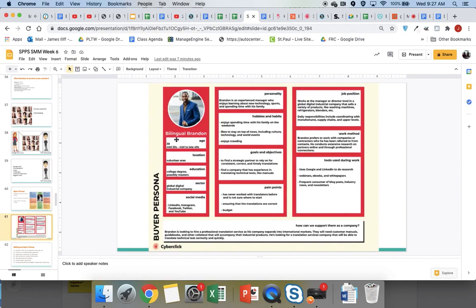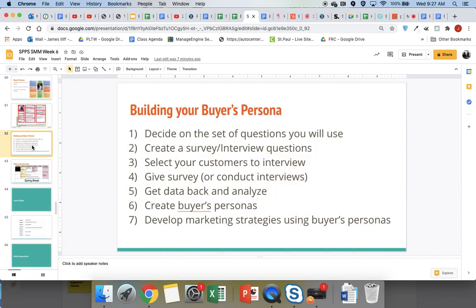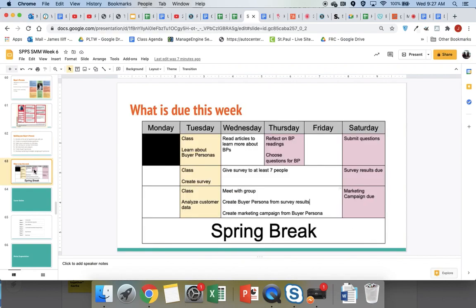And by the way, bilingual Brandon doesn't really exist. He's made up of a group of real customers that share these characteristics, but we made up this character. So what does that mean for us? What are we going to do? Well, over the next 2 weeks, we are going to put together a survey that you're going to distribute to people in your lives.